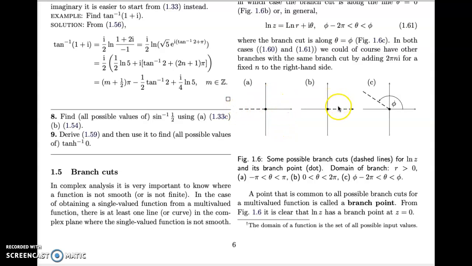If we decide to measure angles from 0 down to 2 pi, then the branch cut goes here. We could also do something different.